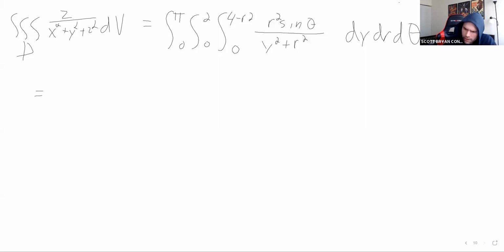Okay, so we integrate with respect to y first. Was this supposed to be y above? I feel like it's supposed to be y on top. Hang on. Oh, you're not supposed to integrate? Oh, thank God.